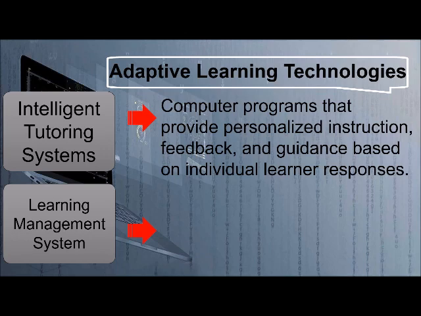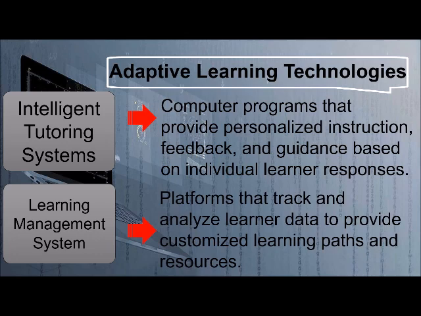So how about the learning management system? Learning management systems are platforms that track and analyze learner data to provide customized learning paths and resources. In other words, these are platforms that track and analyze learner data.